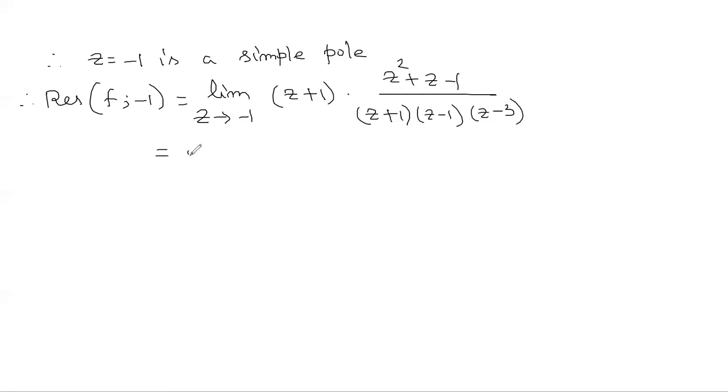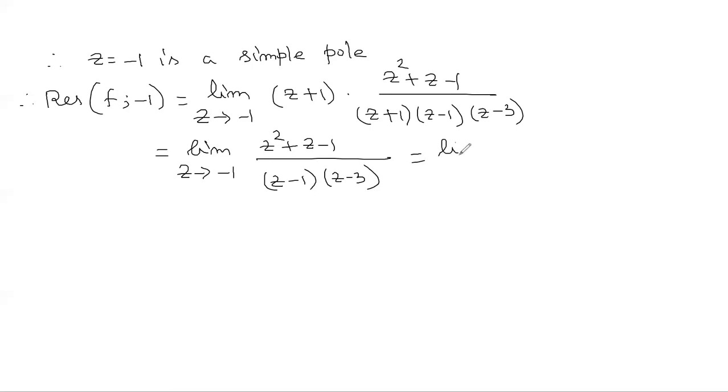So from here we are getting (z² + z − 1) by (z − 1)(z − 3), that is equal to (1 − 1 − 1) by (−2)(−4), that is equal to −1 by 8.